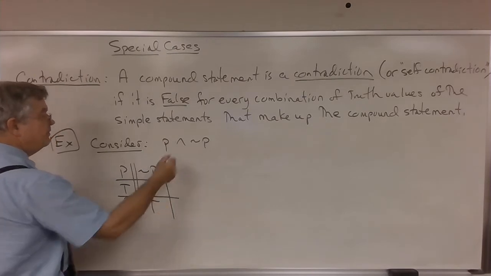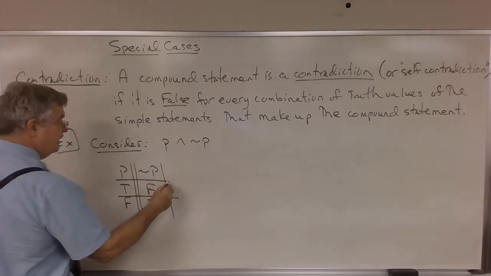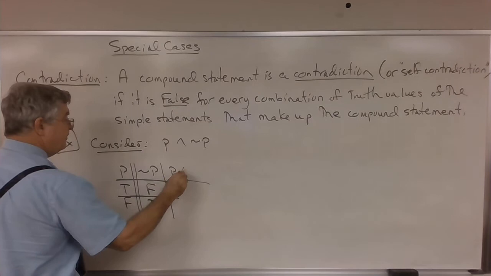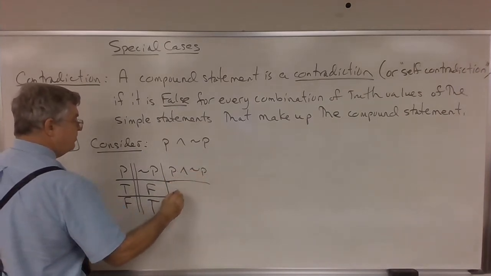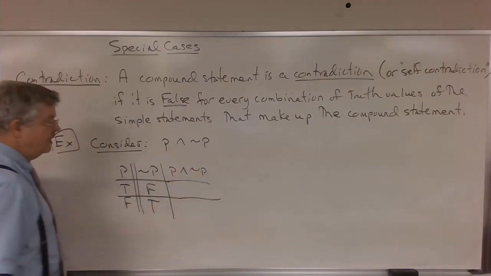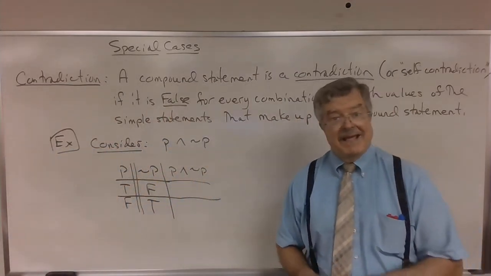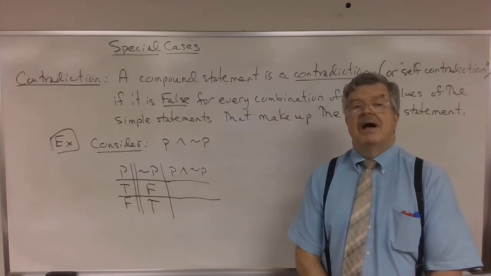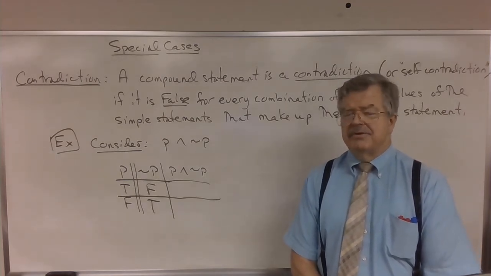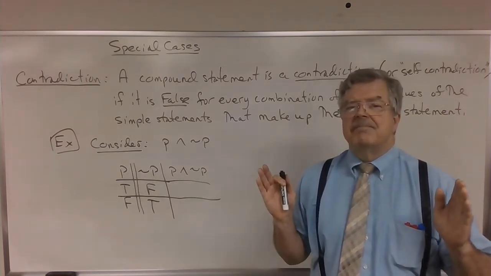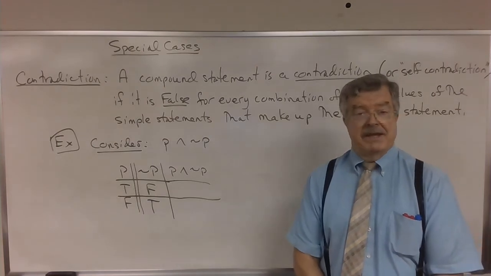And now I guess we're ready for the whole statement. P and not P. And do you remember what the special case of an and is? An and is only true when both of the statements that make it up are true.